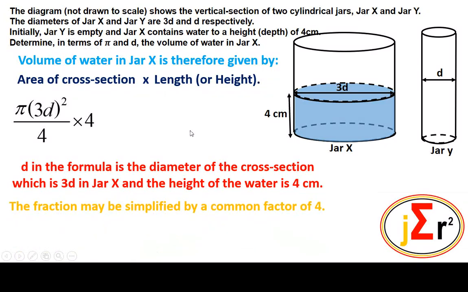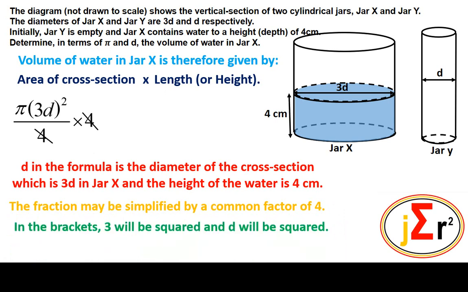The fraction may be simplified by a common factor of 4. 4 is cancelled, and in the brackets, as we have that, 3d squared. The 3 will be squared and the d will be squared. Finally, 3 squared is equal to 9.